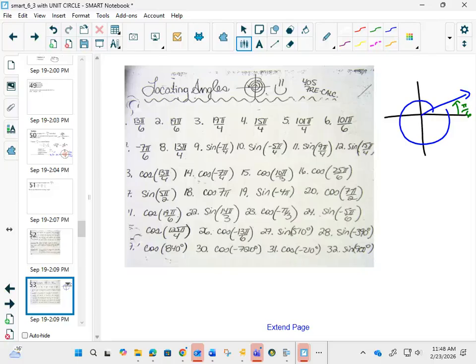If it's in lowest terms, 13 pi over 6 is part of your pi over 6 family. 19 pi over 4, what family do you think that belongs to? Pi over 4 family. What about 10 pi over 3? Pi over 3 family. Radians are super obvious that way, right? Degrees, not so much.